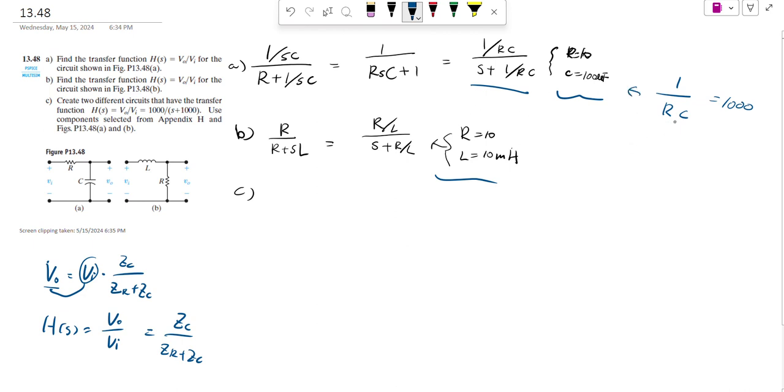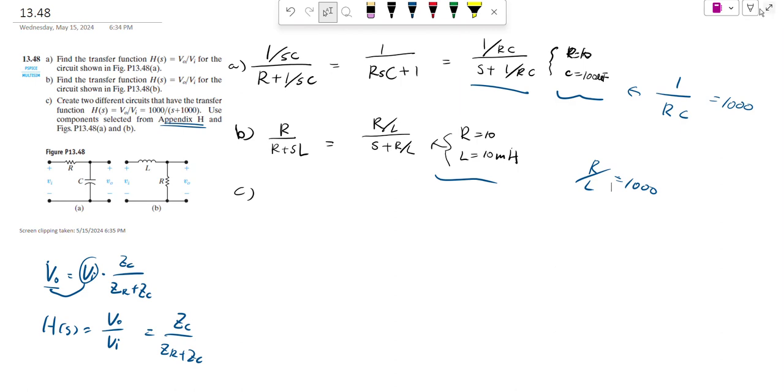You can see we have all kinds of combinations for R and C, but if you choose from a certain table, then if R is fixed, C is fixed. Same thing here. We want R over L to equal 1000. Then if R is 10, L is 10 millihenry.